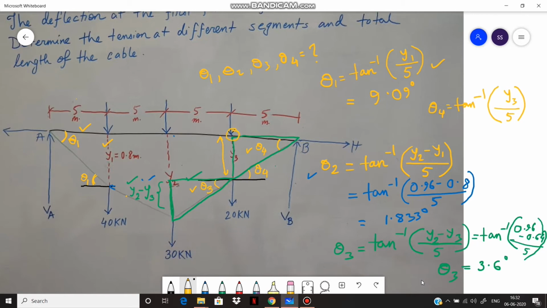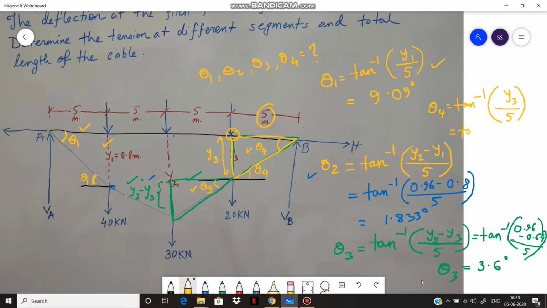So as per this triangle, we have y3 as height and 5 meter as base. So tan inverse y3 by 5 gives us the value of theta 4. That is the inclination of segment 3B.